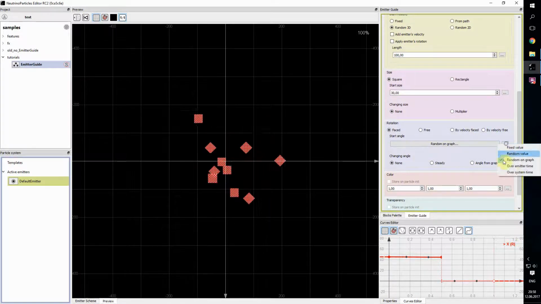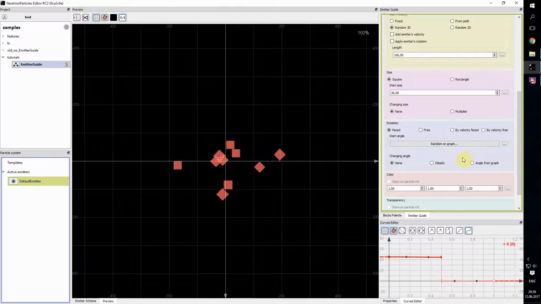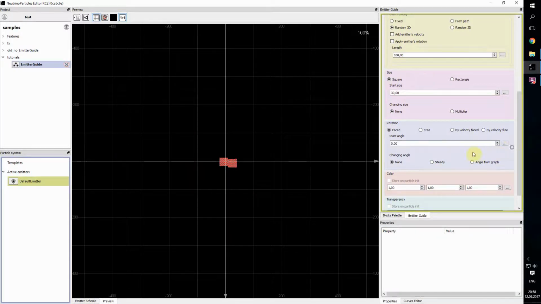You can also animate this starting angle over emitter time and over system time as well. So I'll change it back to a fixed value with 0 starting angle to show how the changing angle section works.